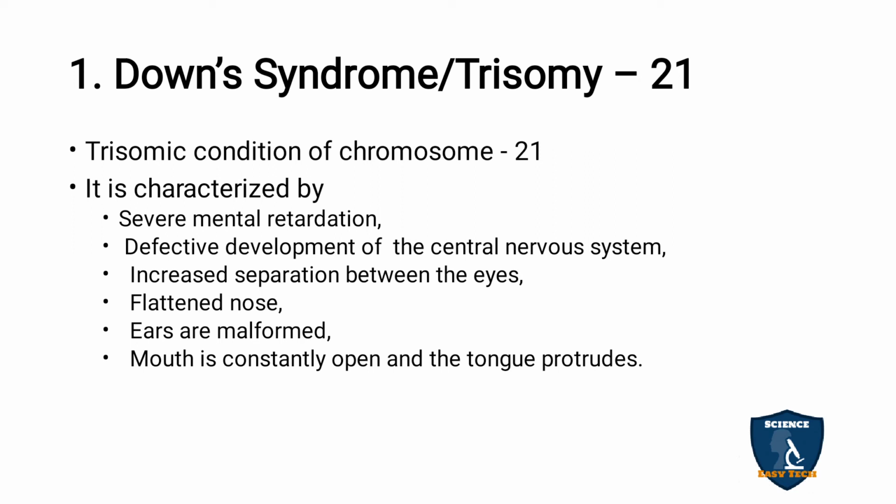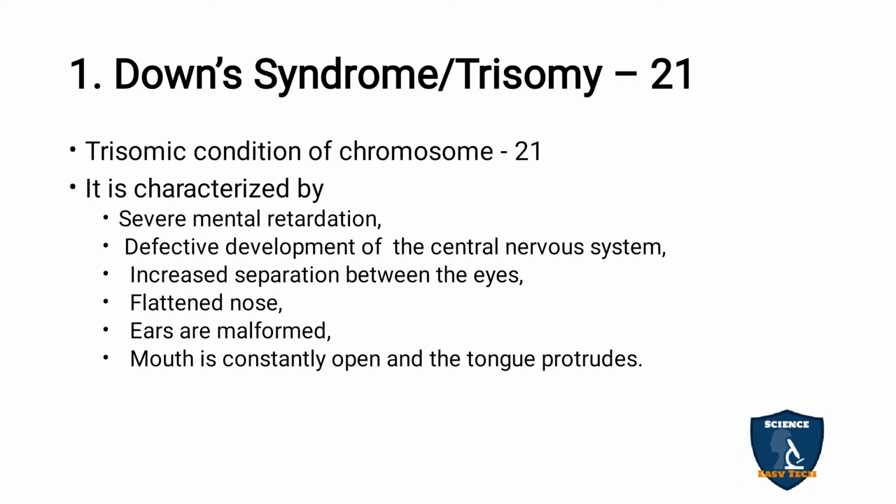What are the characteristics or symptoms? Severe mental retardation, that is, their mental condition won't be developed; it will be like a child's condition. There is also defective development of the central nervous system, CNS.